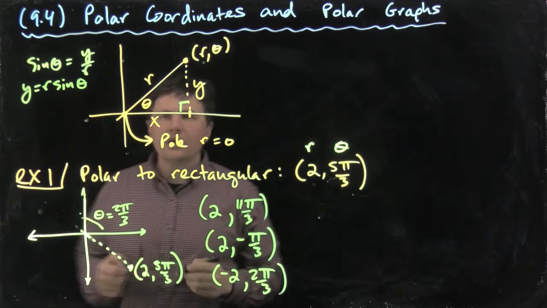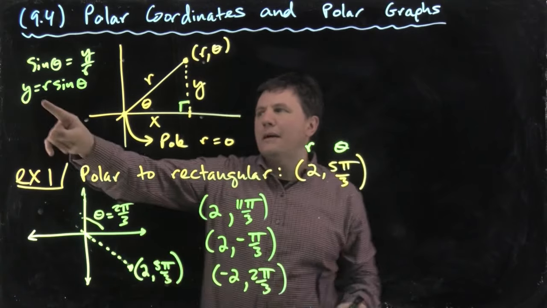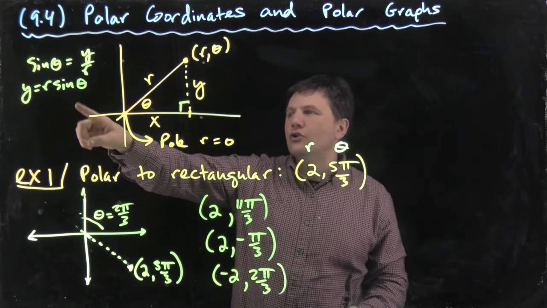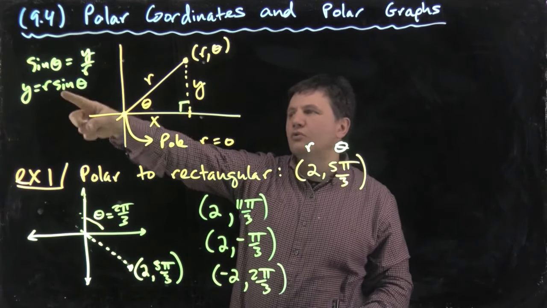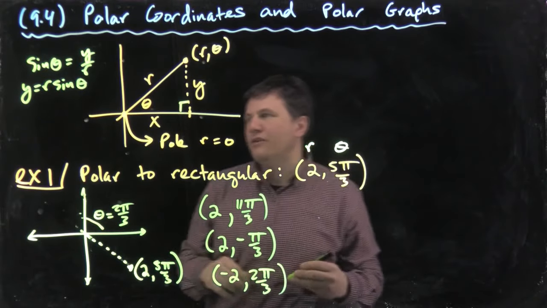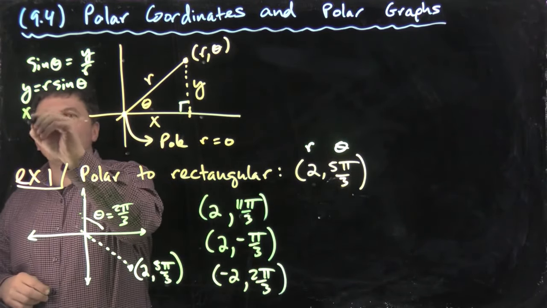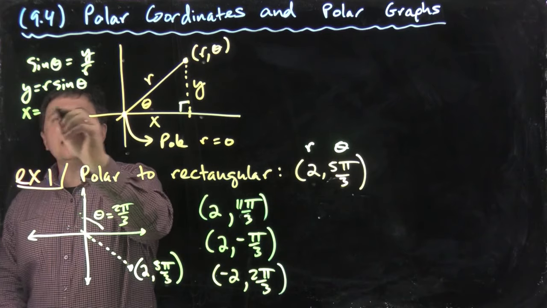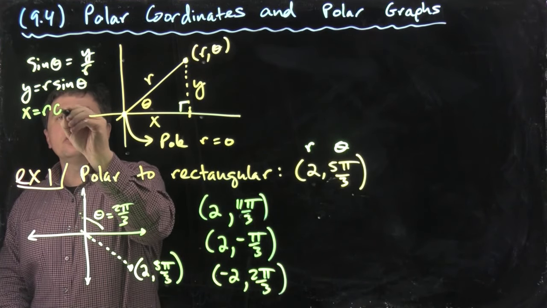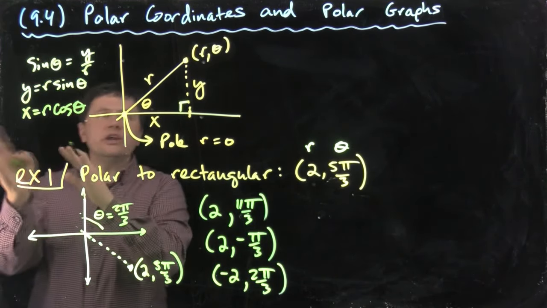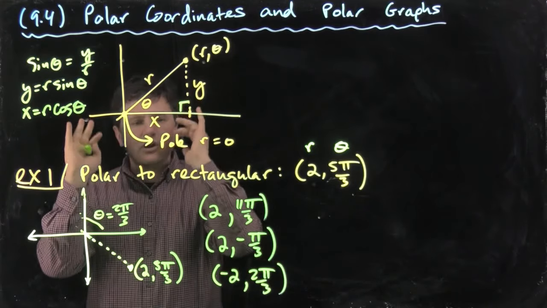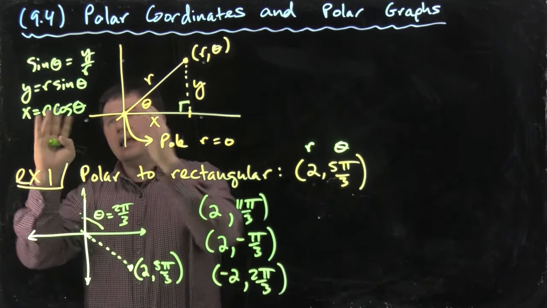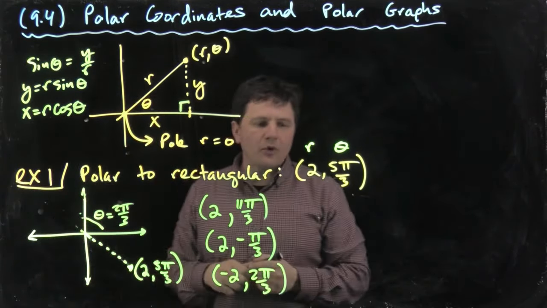Now, if you're thinking, oh wait, that's kind of like the unit circle, y is sine in the unit circle, but of course in the unit circle r is 1. So this is right in line with what we've done with the unit circle. And x, of course, we can get the same way. x is going to be r cosine of theta. So it's really quite easy to start with a polar coordinate and get to a rectangular coordinate.